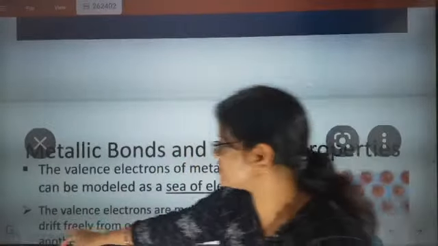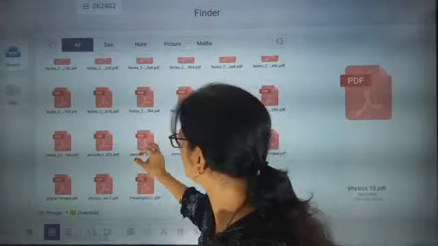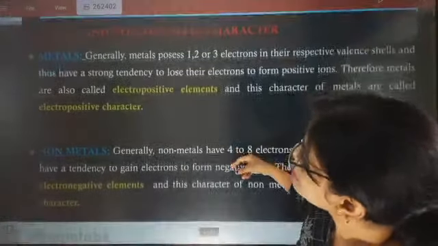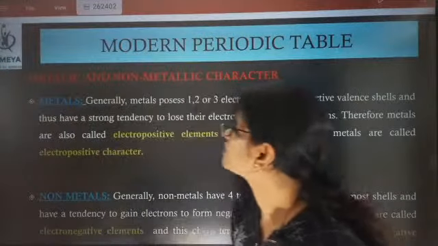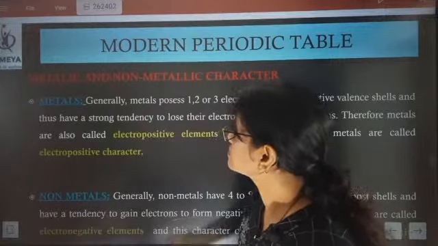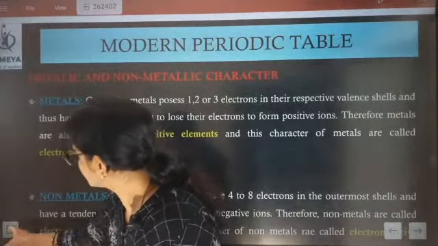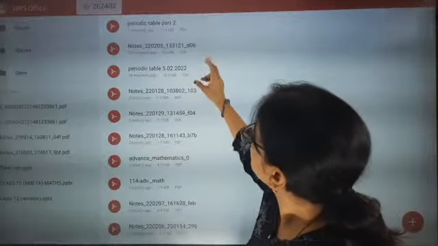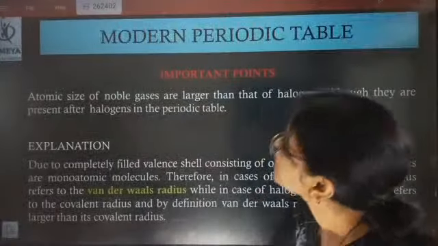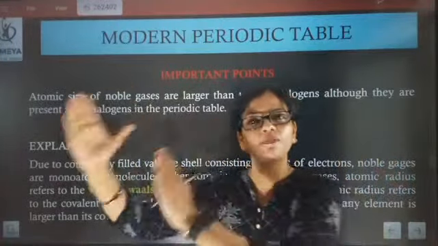This is a CBSE question which we were discussing. Why is the atomic radius of noble gases bigger compared to that of halogens?